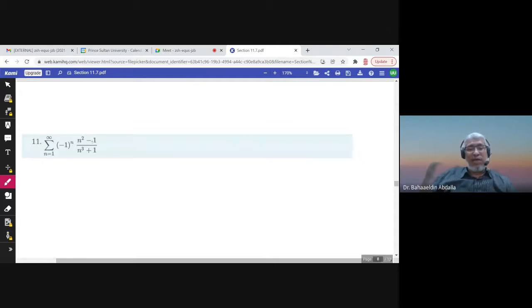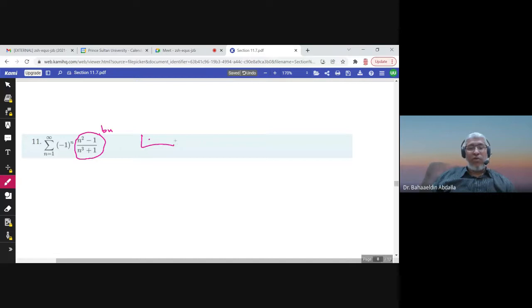The series itself could be convergent if I try to use the alternating series test, because I have negative 1 to the power n. So to use the alternating series test, this is bn now, and all of it is an.